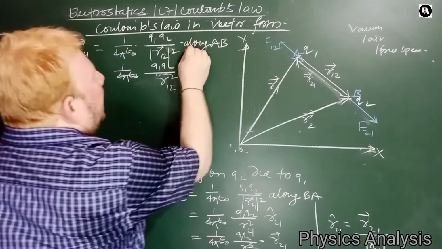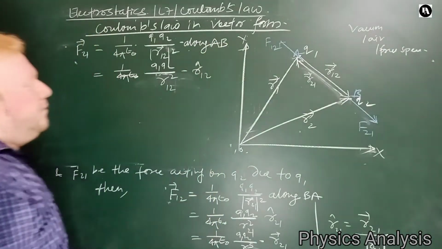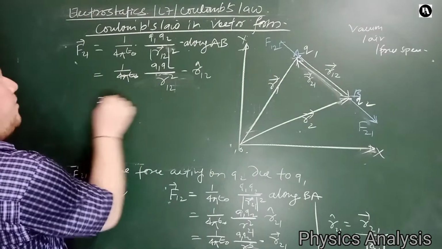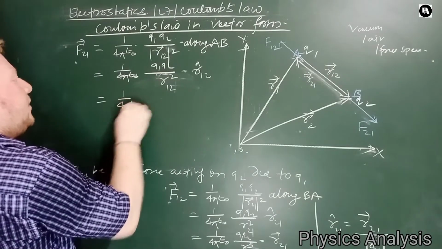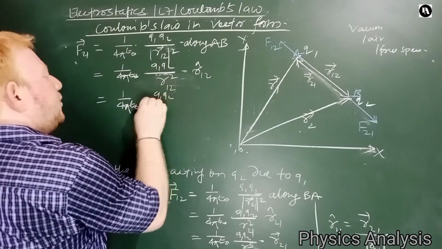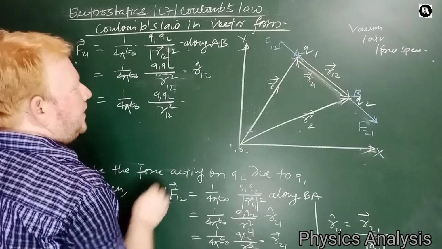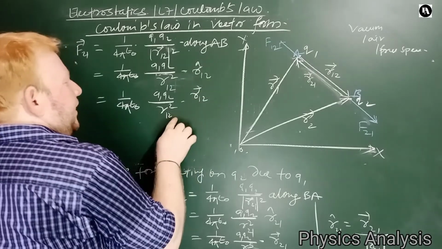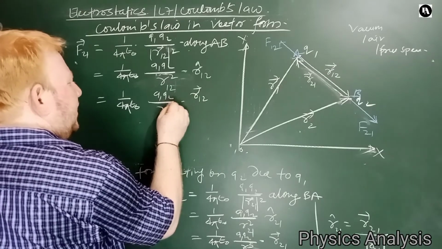Along AB means R12 cap. Now remove this unit vector. So 1 by 4 pi epsilon naught Q1 into Q2 by R12 square. Removing this unit vector, I will write R12 vector and here will be cube, in place of square.